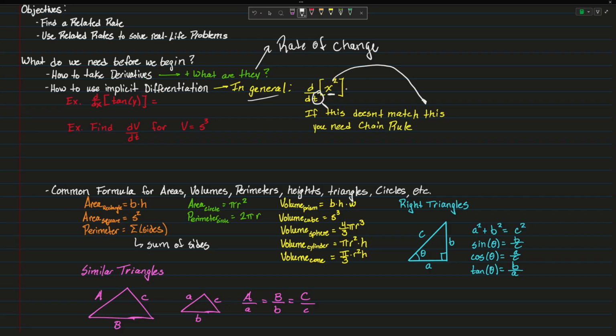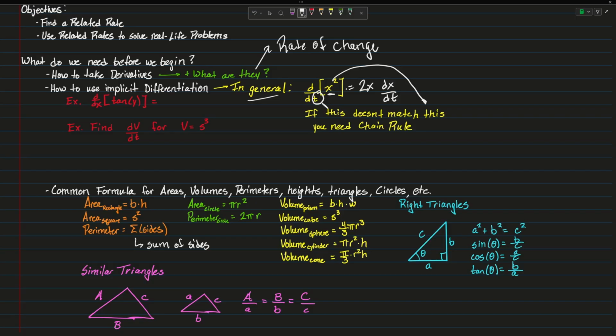What I mean by that is we're going to implicitly derive this. So the derivative of x squared, that outer function, that's 2x, times the derivative of the inner function, because x is some function of t. So we have to put the dx dt in there.